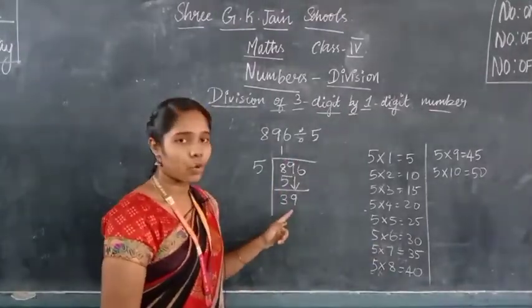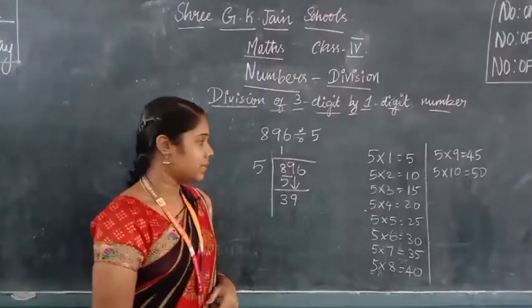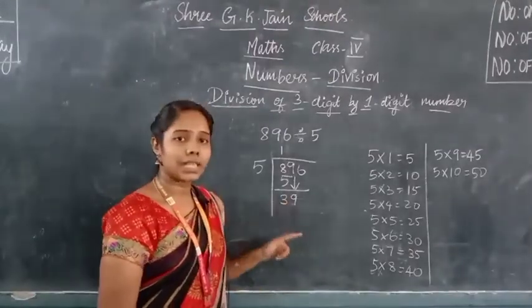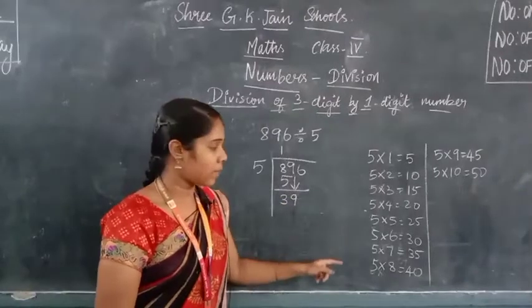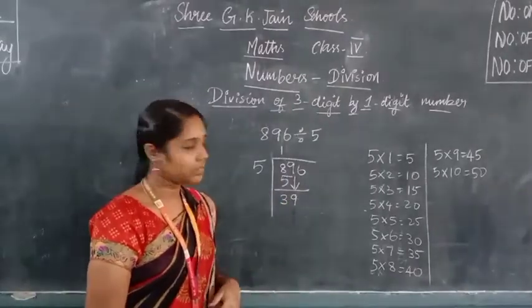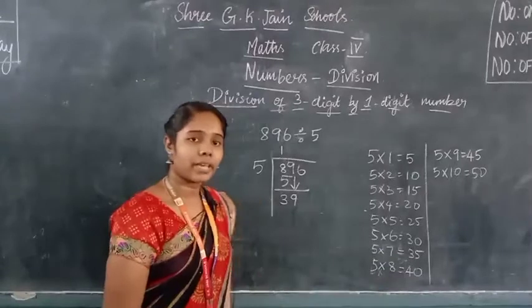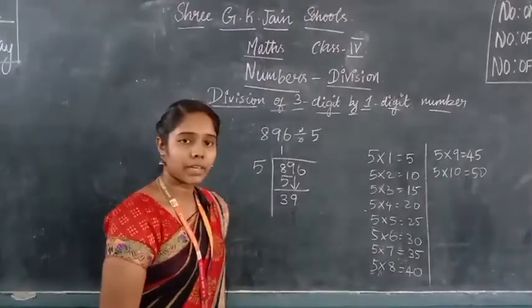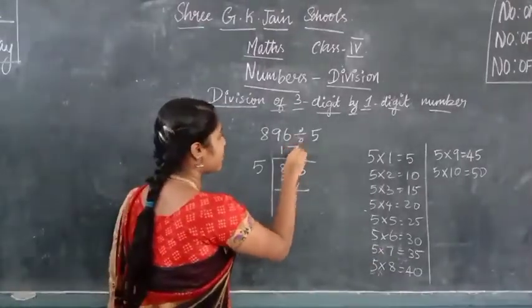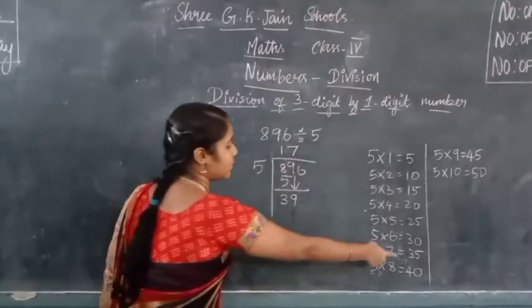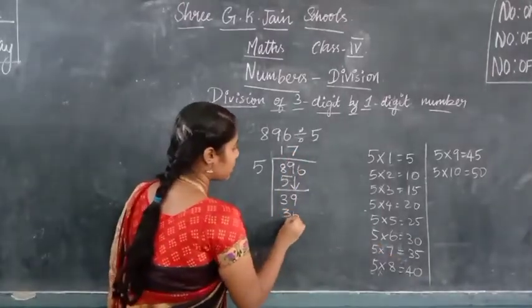No, right? So we have to see which is the lesser number than 39 in the 5 tables. Yes, we have 35 here. How many times? 7 times. So write 7 on the quotient, and write 35 below 39.